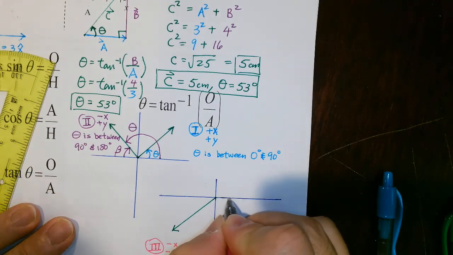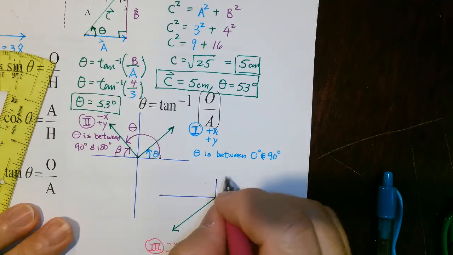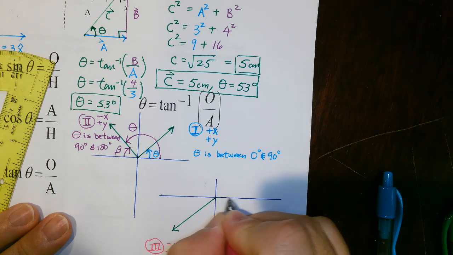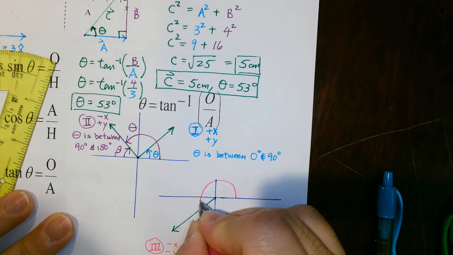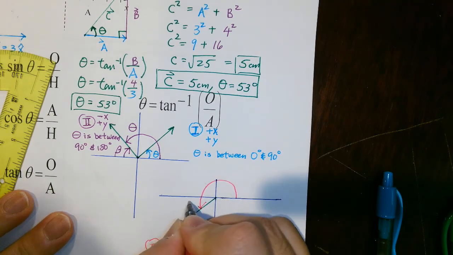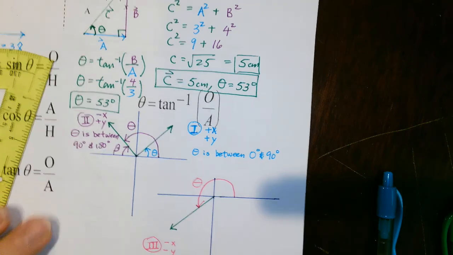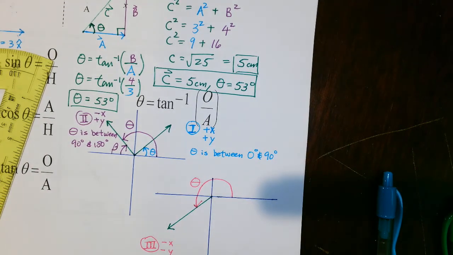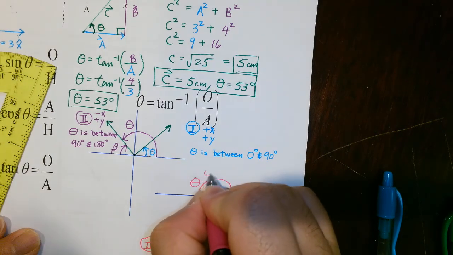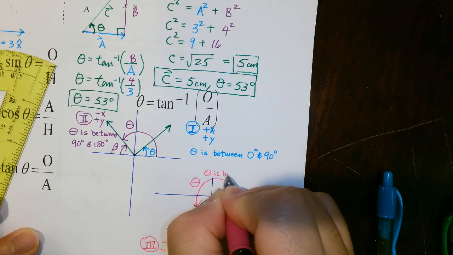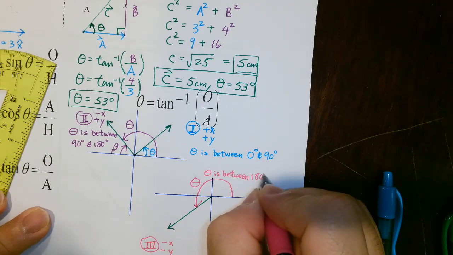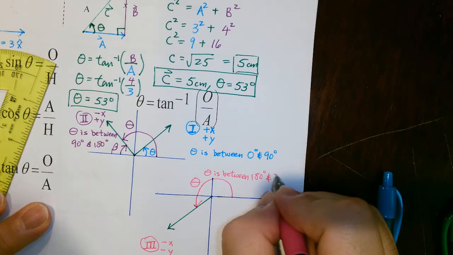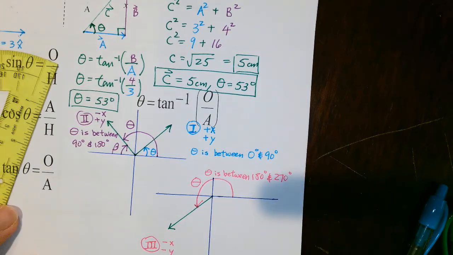The theta, which is measured from the positive x-axis all the way around counterclockwise to this, is between 180 and 270 degrees.